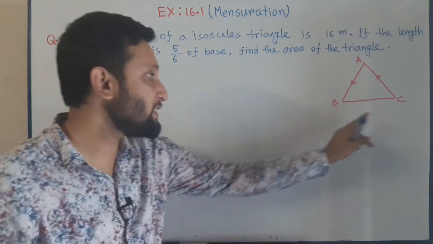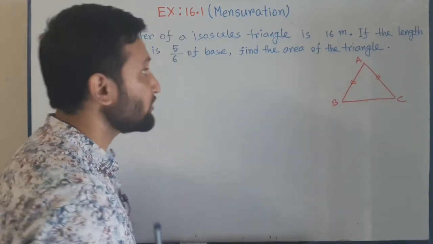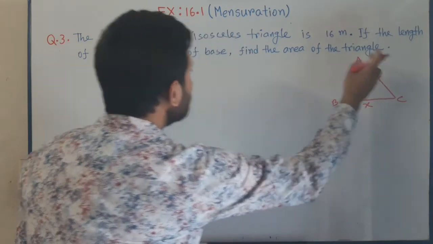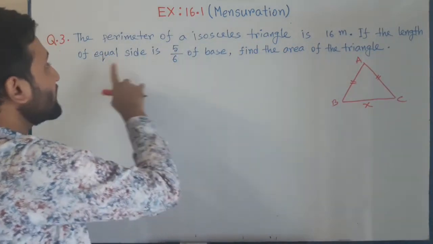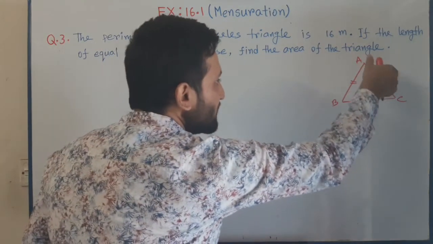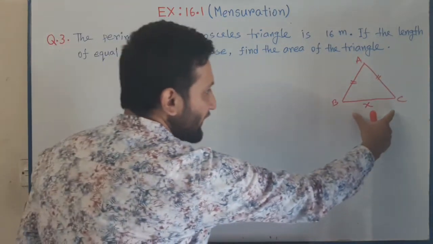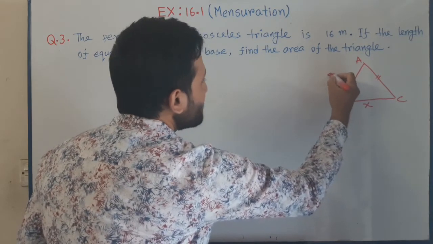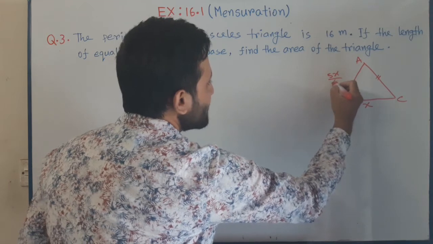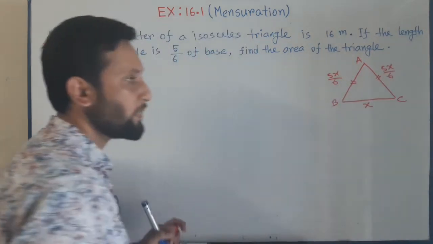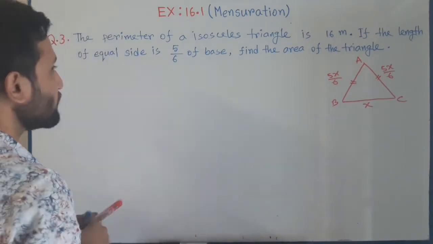So BC is the base. If the base is x meter, according to the question the equal sides AB and AC are 5 by 6 of the base, so the other two sides must be 5x by 6 meter each. Now follow the solution process.